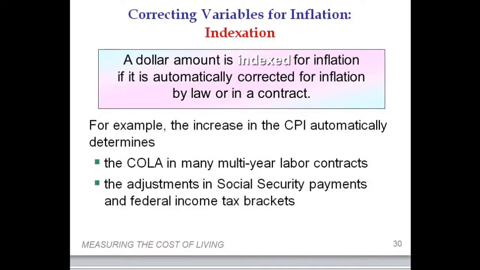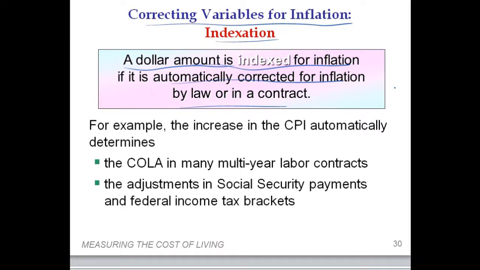The last thing we are covering in this chapter is correcting the variables for inflation using an index. A dollar amount is indexed for inflation when it's automatically corrected for inflation by law or by contract. There are laws that automatically index, which means compare one thing to another. An example is the cost of living adjustment for Social Security.